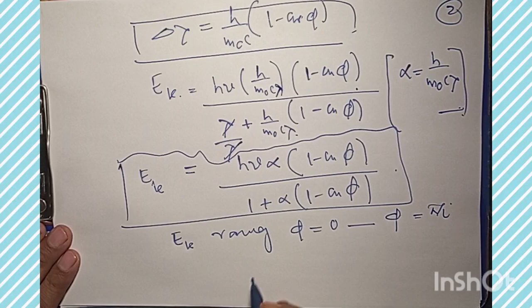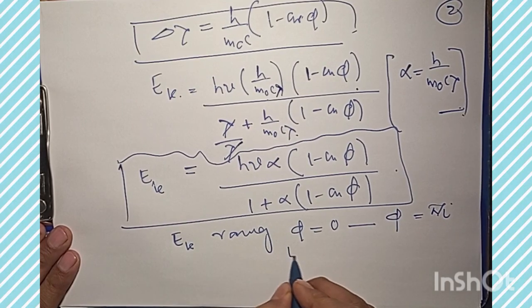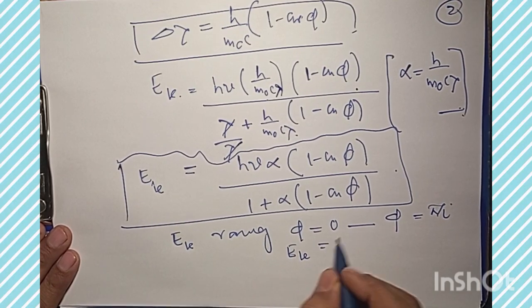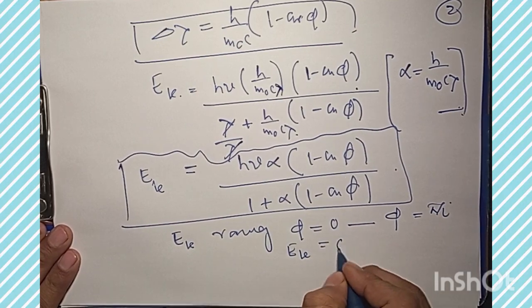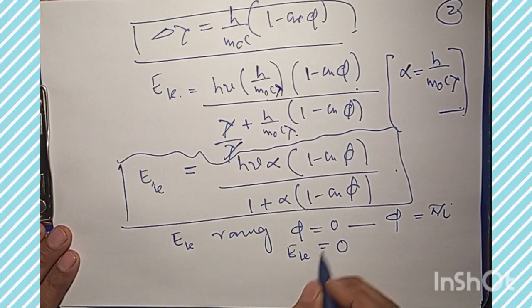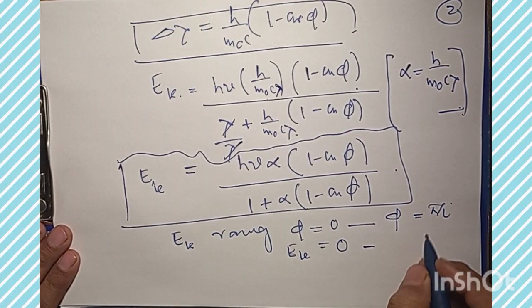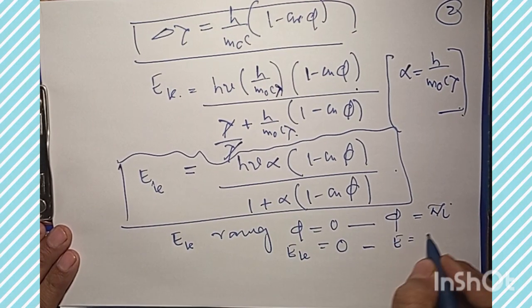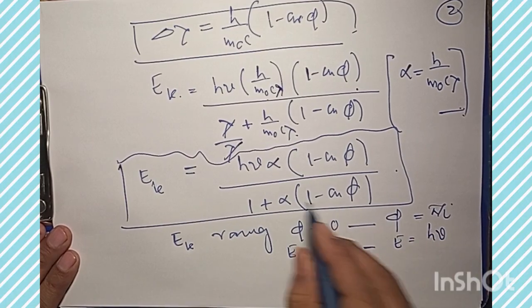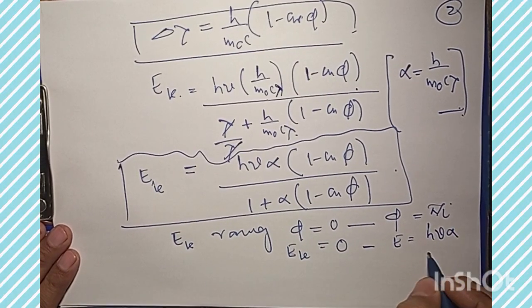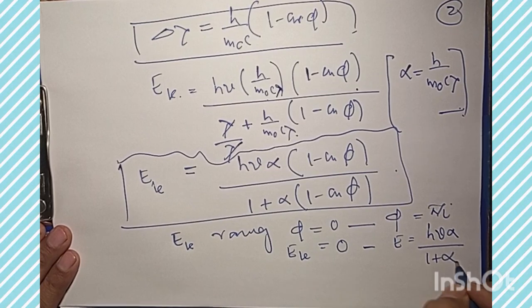If we take phi equal to 0, Ek will come out to be 0 from the above equation, and for phi equal to pi by 2, Ek will come out to be h nu alpha divided by 1 plus alpha.